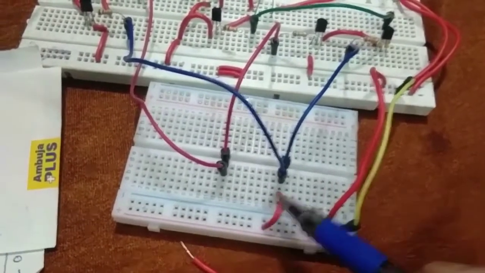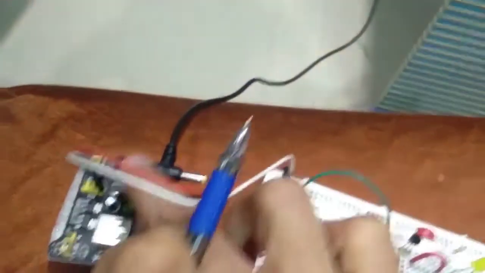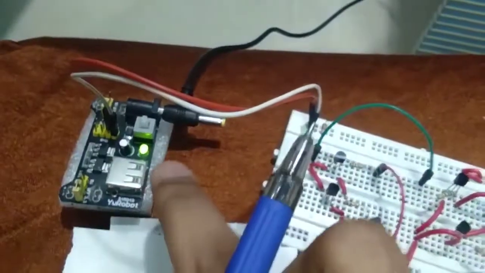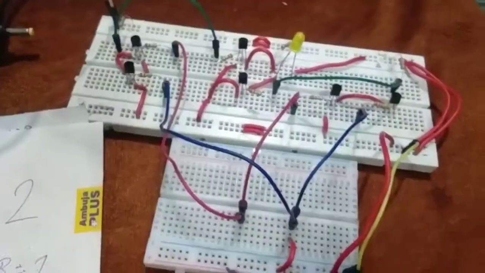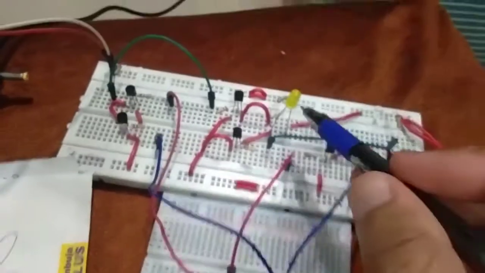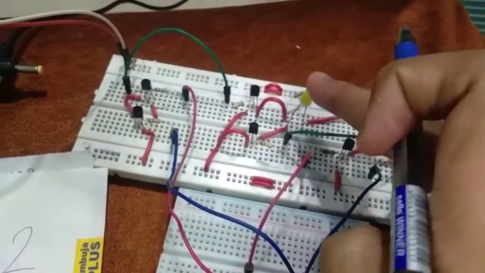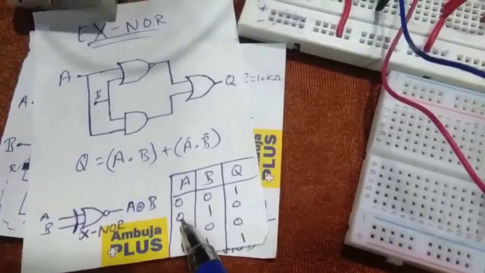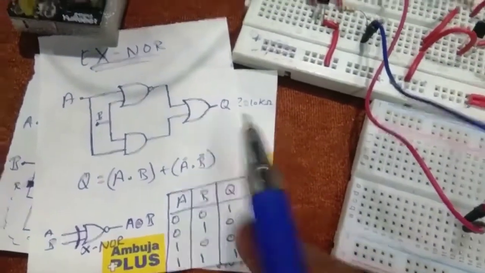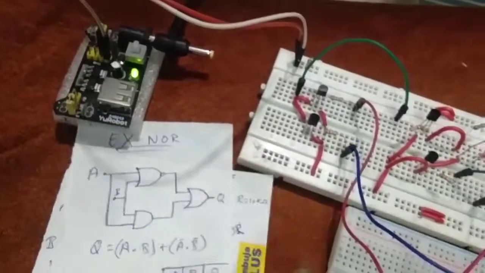So A is 0 and B is 1. Let's turn on this power supply and see the output. So the power supply board is on, and since we have A is 0 and B is 1, the output here is 0, that is the LED is off. And according to the truth table also, when input A is 0 and B is 1, Q is supposed to be 0. So again this case is also true.